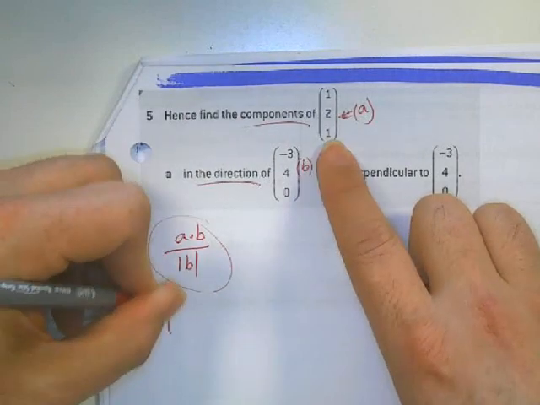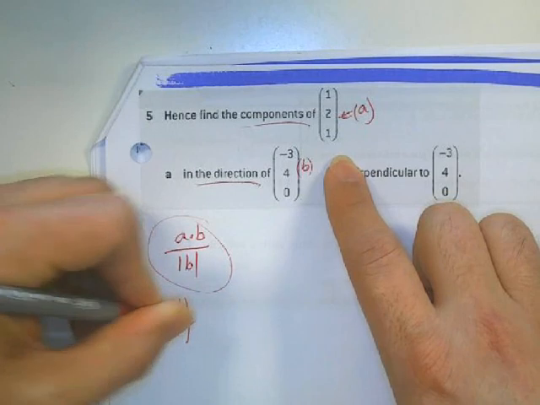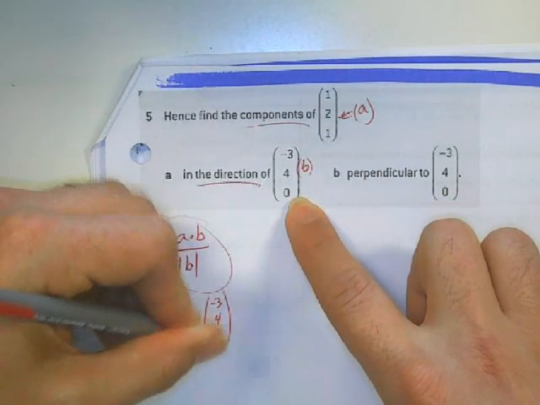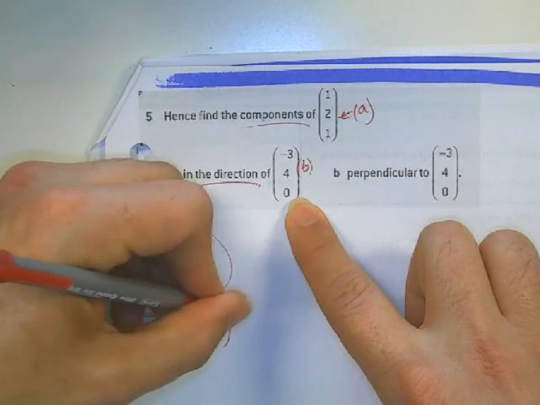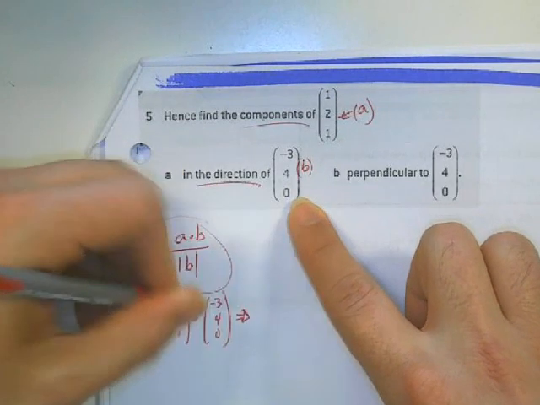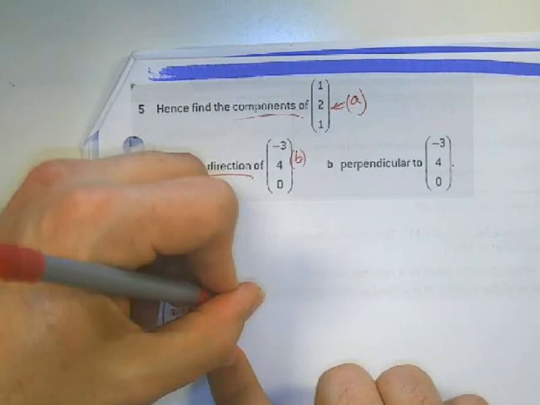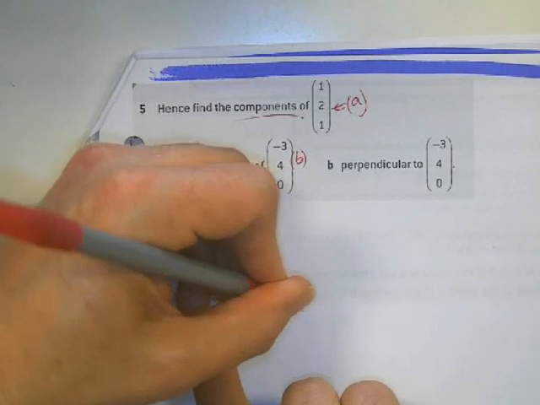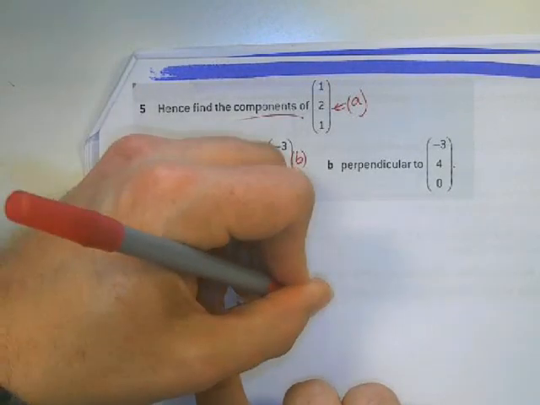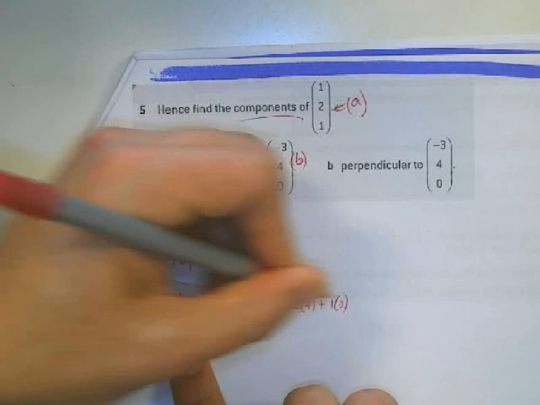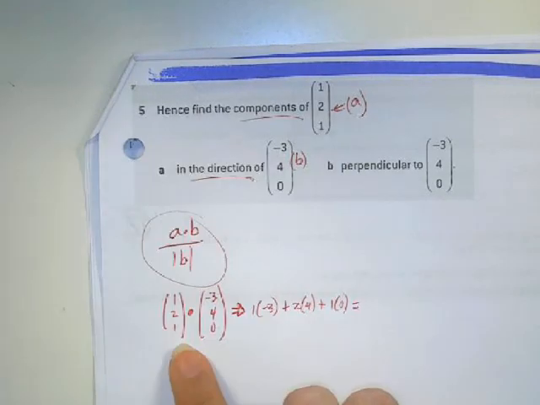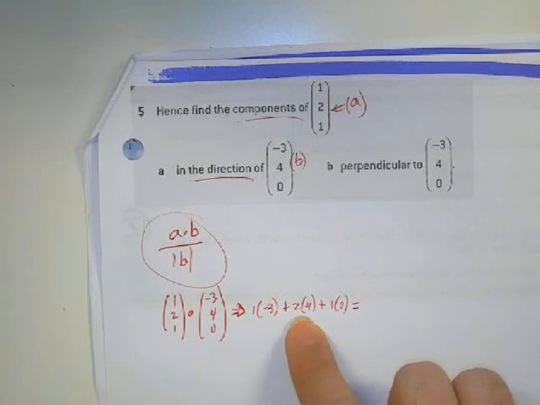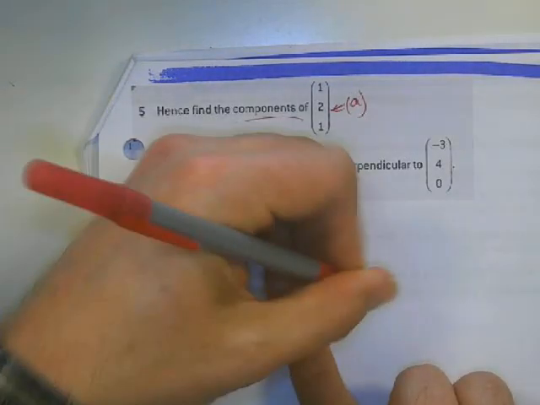1, 2, 1 dot negative 3, 4, 0 gives us 1 times negative 3 plus 2 times 4 plus 1 times 0, which is equal to negative 3 plus 4, which is equal to 5.